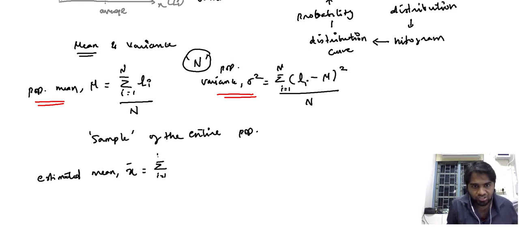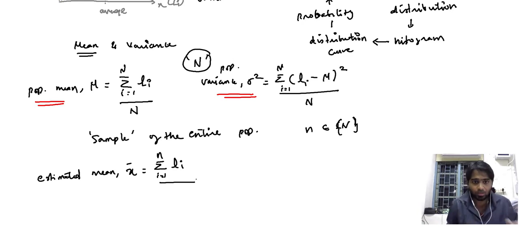Now we are considering just a small n number of the population, so n is a subset of the capital N. It's a sample of the capital N. So what we have is the summing up of the lattice parameter, or all the quantities assumed by this subset of sample n, and dividing it by the corresponding n. So this is the estimated mean, and it is also similarly possible for us to calculate the estimated variance.